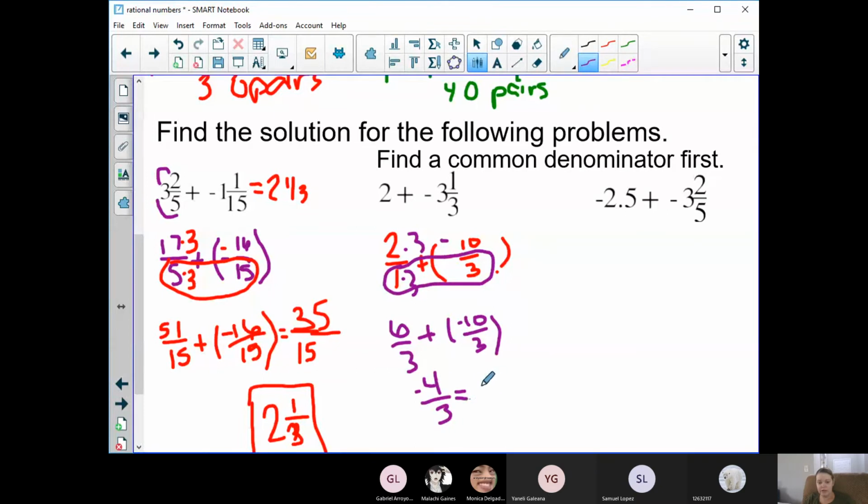And negative 4/3 simplified would be what mixed number?